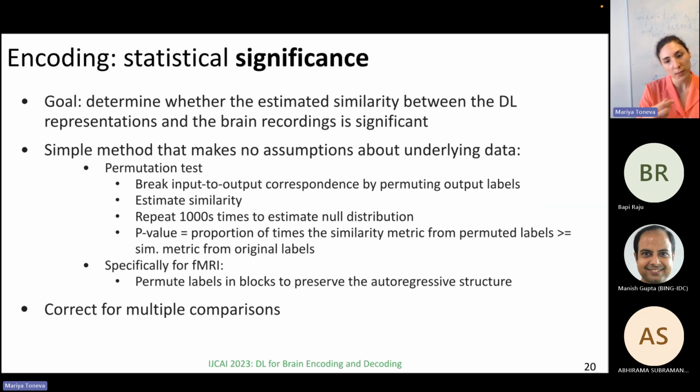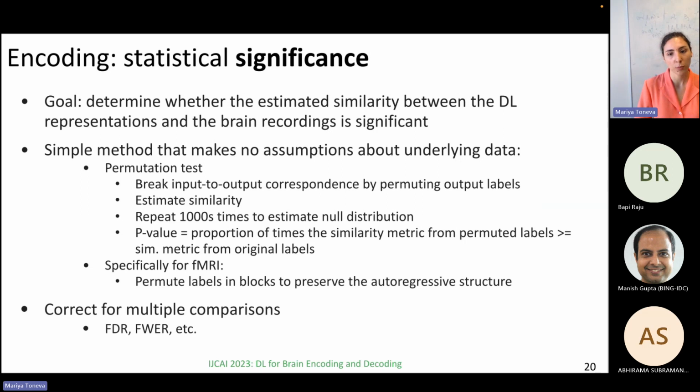And so if we do independent tests for correlated data, we are very likely to get a false positive just because we did many different tests for correlated data. And so here we want to correct for this multiple comparisons of correlated data, and we can do this with standard statistical techniques like FDR correction, so false discovery rate correction, or the family-wise error correction, and so on. And I also urge you to look into this, especially if you're working with very correlated data and you're doing a lot of independent tests.